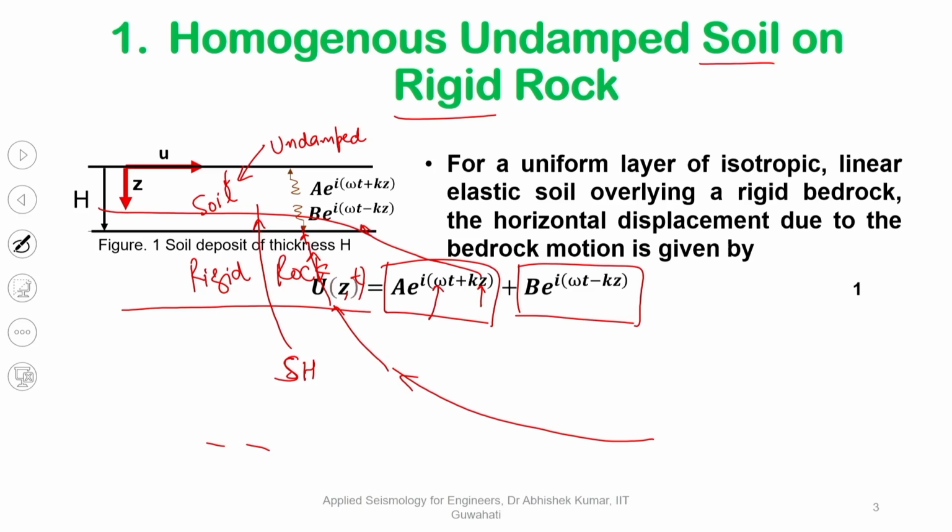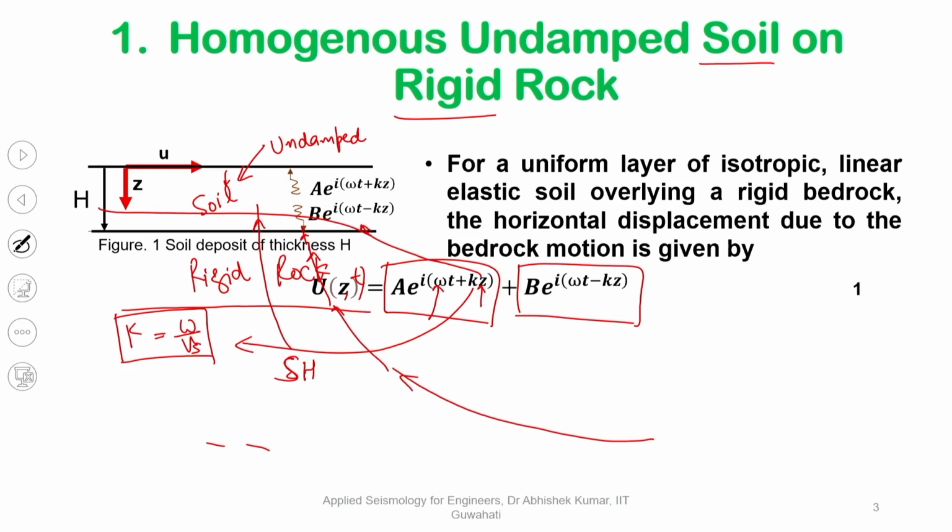So, if you remember, the value of k will be equal to omega over Vs. So, this is the wave number k, omega over Vs. Omega is the operating frequency and Vs defines how much stiffness there is in the medium. Collectively, based on this equation, you can define how many complete cycles of a given motion can be completed in unit length, and that is defined by the wave number.